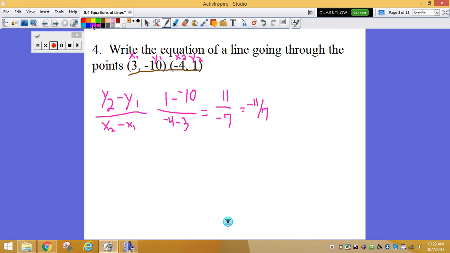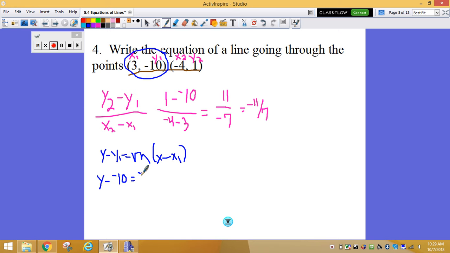Now it's easy. We know our slope. We can go right back to our formulas. y minus y1 equals m, and then in parentheses x minus x1. And let's plug in what we know. I already got my x1 and my y1 right here. So I have y minus negative 10. y1's negative 10. m, we just figured it out.